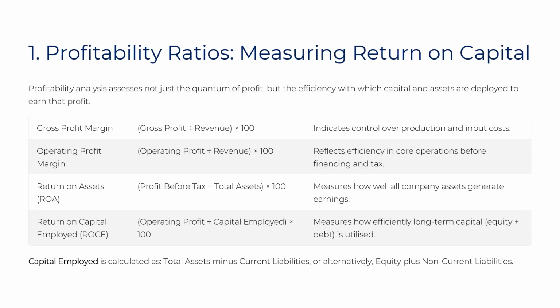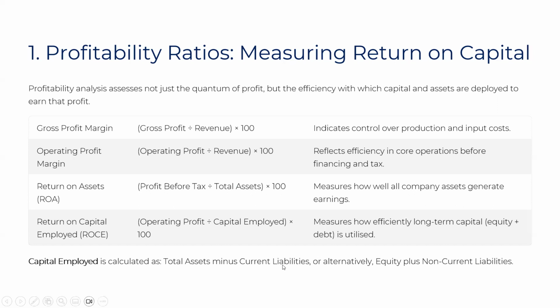Your interest can be avoided, that is, if you did not borrow a loan, you would avoid that interest you are paying. So you're trying to judge my profitability without considering tax and interest. That is your operating profit. So operating profit margin is operating profit divided by revenue.